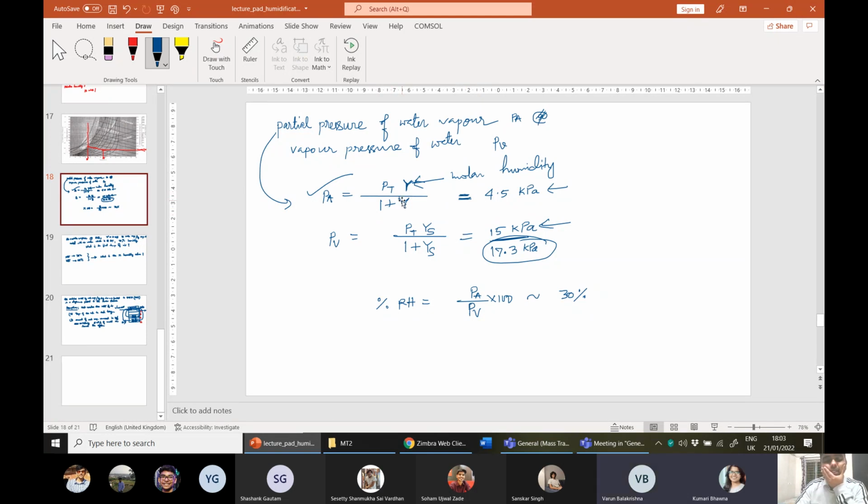In mass units it cannot be done. So you have to get it in mole fractions or in some molar scales. Then only these partial pressure things will work. So you know how to convert the mass to the molar humidities. I think in one of the very beginning classes we discussed that. Whatever value is mentioned in mass units, you convert to molar units, and then based on that you work out the partial pressure.